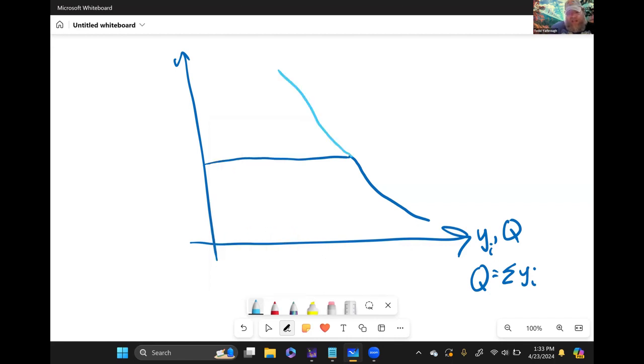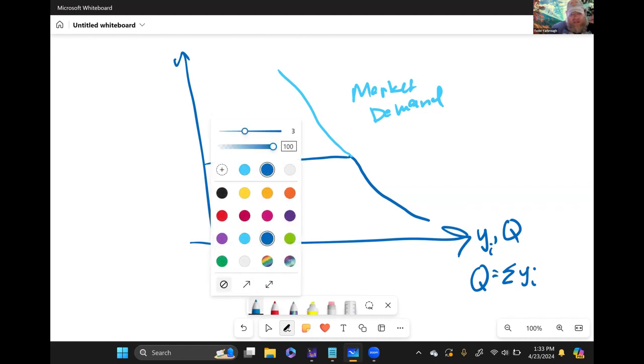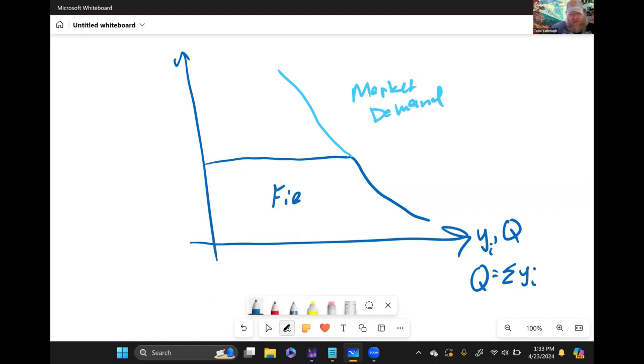Okay, so this here is the market demand, and this here is firm i's demand. And so basically, the story here is that at the market price P star, the firm sees what is essentially a perfectly elastic demand curve. In other words, it's horizontal.